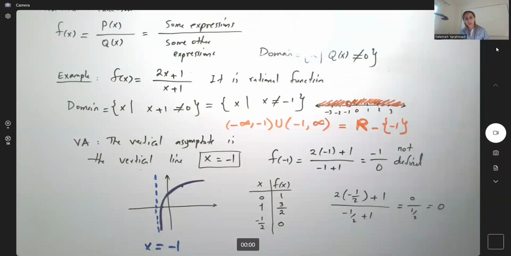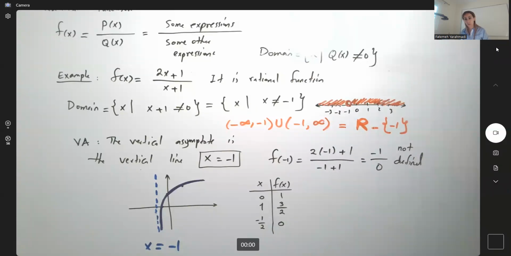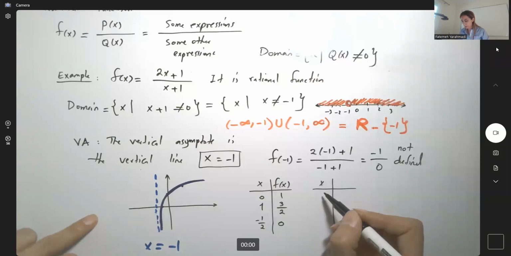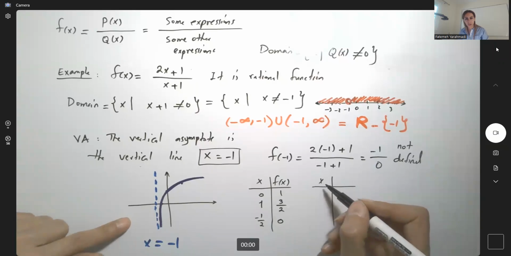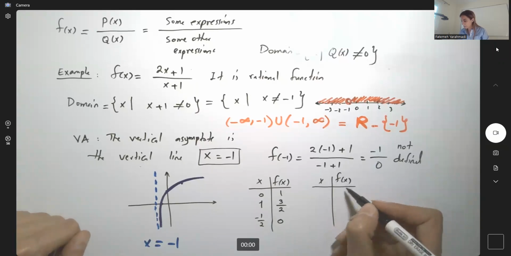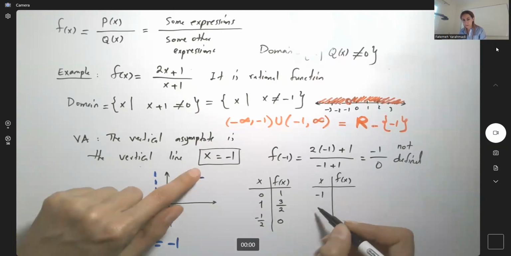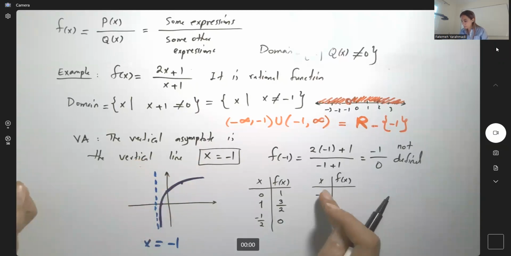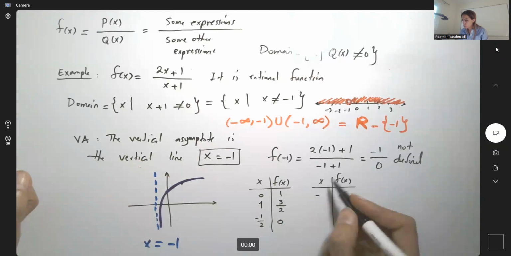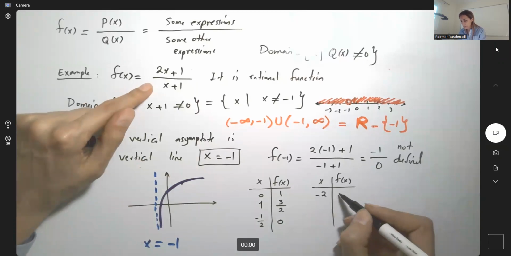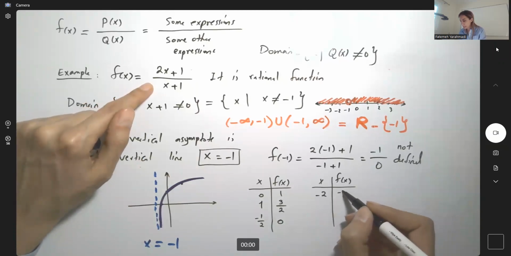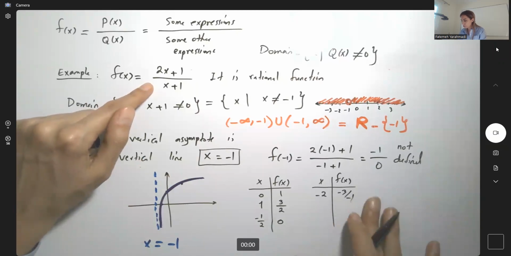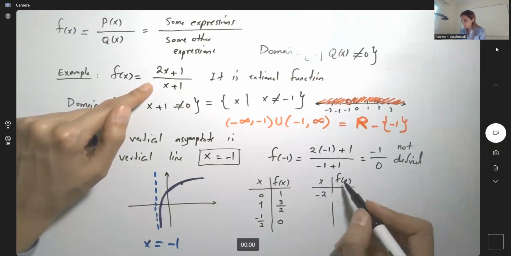Let's plug in more values. This is the way point plotting works for us. Suppose we plug in some negative values. We want to know the behavior of the function on this side, x and f of x. At -1, we know we cannot plug in -1 because we get a vertical asymptote. So let me plug in -2. I get -4 plus 1, which is -3, divided by -1, or just 3.